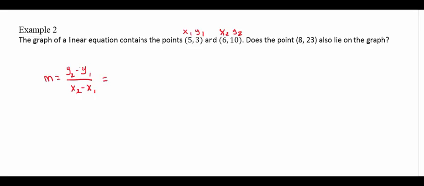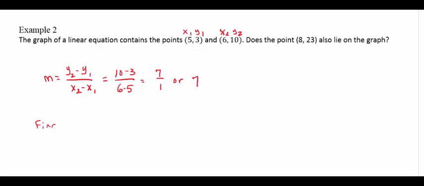When I substitute in the values, I will have 10 minus 3 divided by 6 minus 5. What that gives me is 7 over 1, or 7. So my slope is 7. I'm going to find my y-intercept at this time. If I had an ordered pair up here that would have been like 0, comma, a number, that would have been the y-intercept. But I don't have that, so let's go through and actually find b.